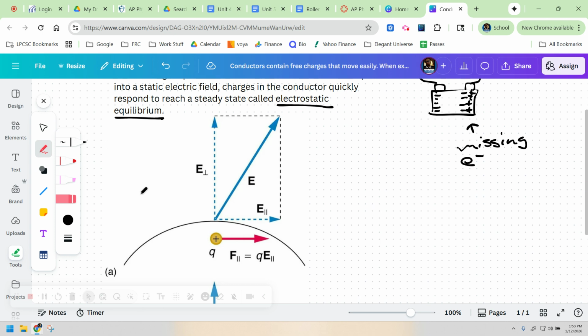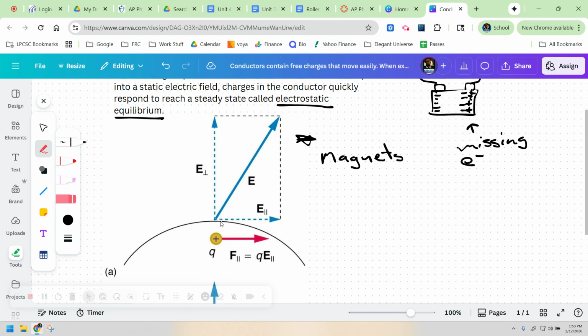This is going to be important because we're going to connect the dots with this to magnetism. The two go hand in hand. So the parallel component of the electric field exerts a force on the charge, which moves.